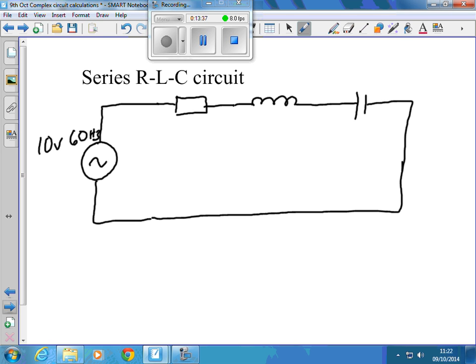We've got one current I through all of them. We could say that we got a voltage VR, a voltage VL, and a voltage VC.